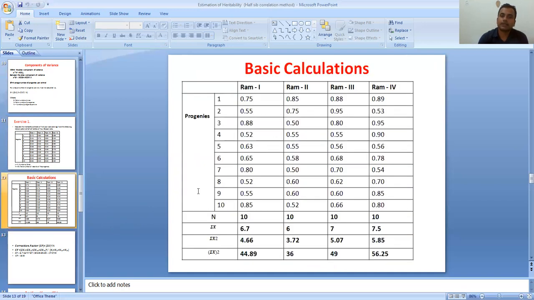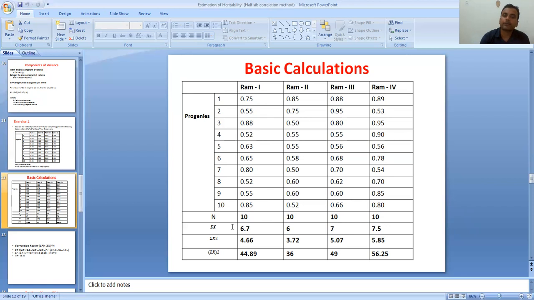This is the basic calculation table for ram 1 to ram 4 with their 10 progenies. First, we add all these observations. So for ram 1, total number of progenies is 10, and ram 2, ram 3, ram 4 also 10.